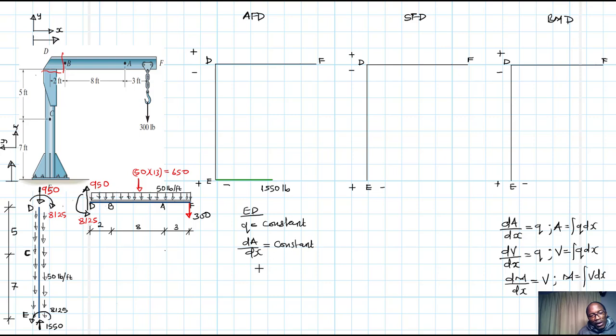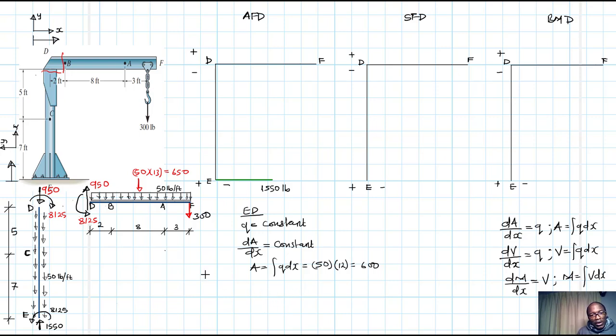This magnitude is just the area under the axial distributed load, q dx. Instead of x we are along y, but you don't have to worry about that. Since the load is uniform, it's just 50 times the length, which is 12. So 50 times 12 is 600.